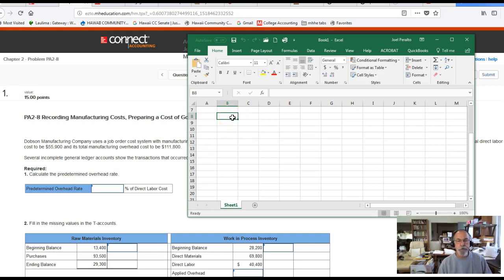So our predetermined overhead rate, percentage of direct labor costs, we take our estimate of overhead for the year and divide it by our estimate of direct labor for the year.